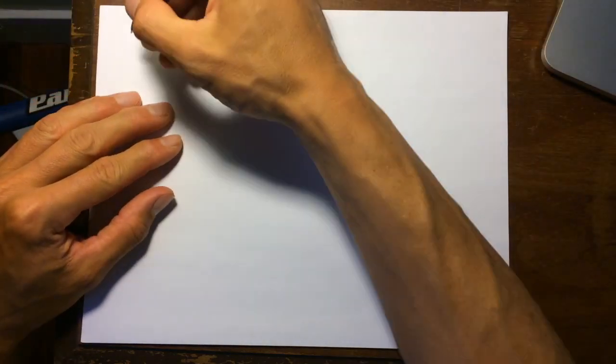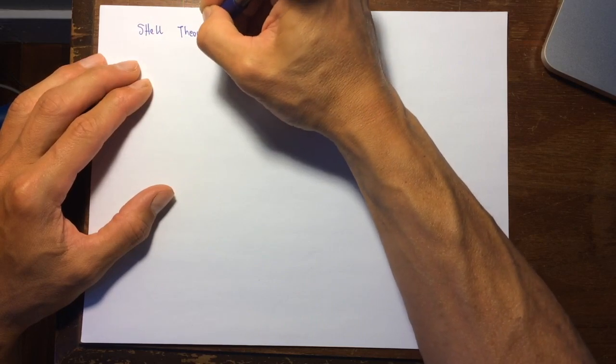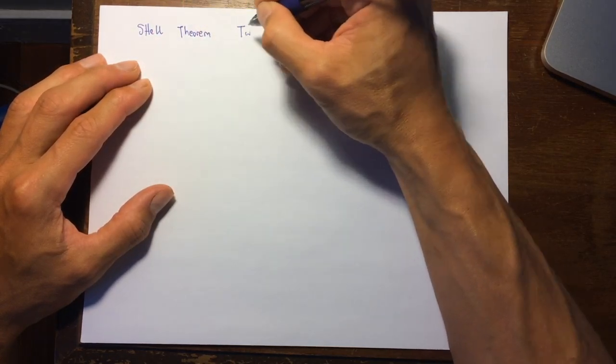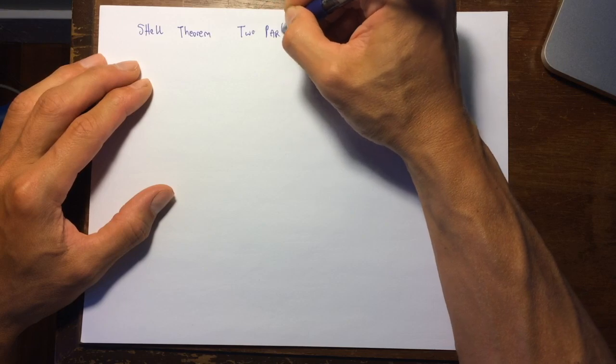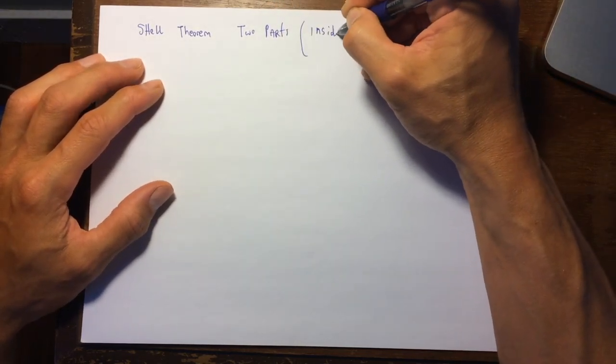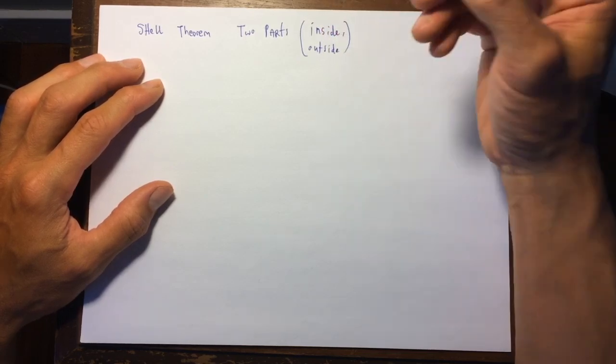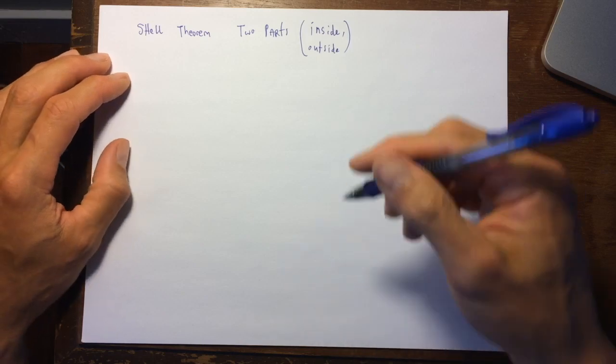So the Shell theorem is in two parts. The parts are inside and outside. So let me describe what I mean by this.